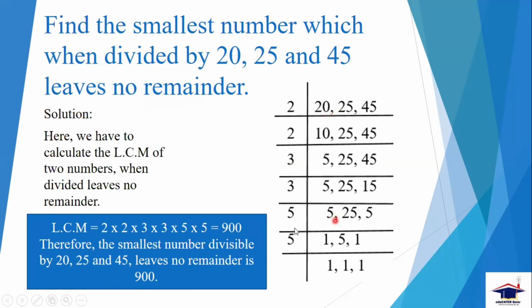You'll get the LCM as 2 into 2 into 3 into 3 into 5 into 5, which is 900. Therefore, the smallest number divisible by 20, 25 and 45 with no remainder is 900. This is how you find the smallest number.